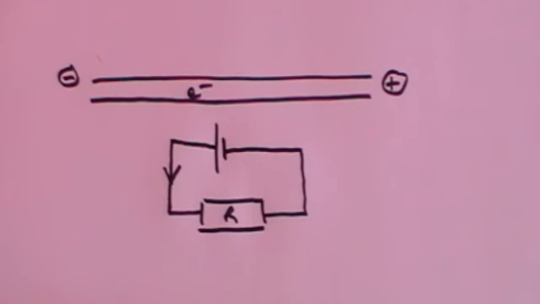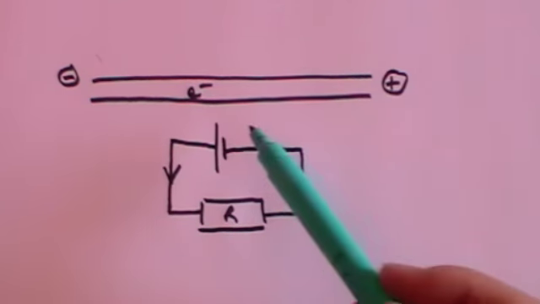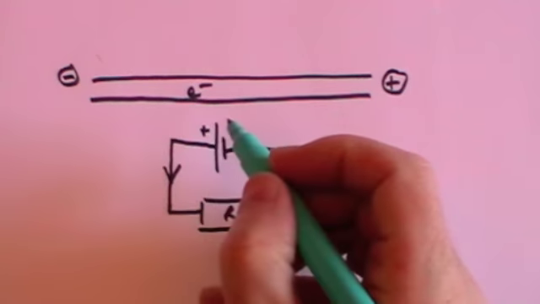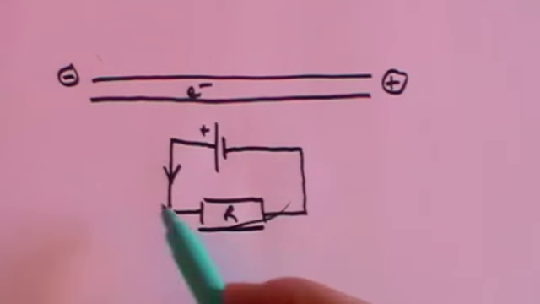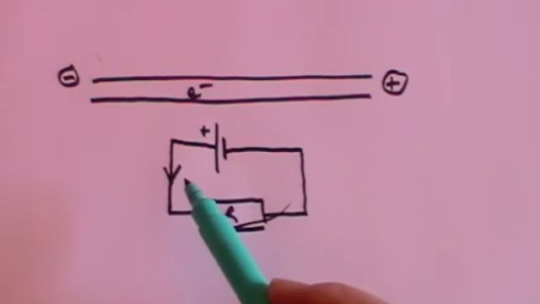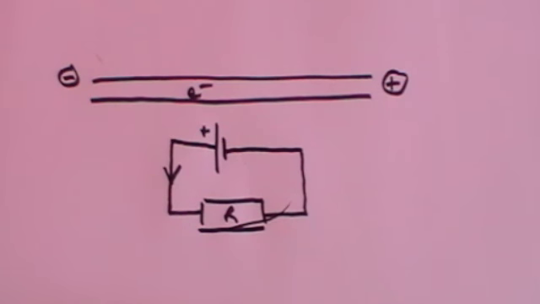Now I immediately expect to hear you say, wait a minute, you told us that electrons are the current and electrons are attracted to the positive side, which means the electrons are travelling this way round the circuit. Why have you put the arrow in that direction? Well, this is all to do with history. You see, electricity was discovered long before electrons were discovered.